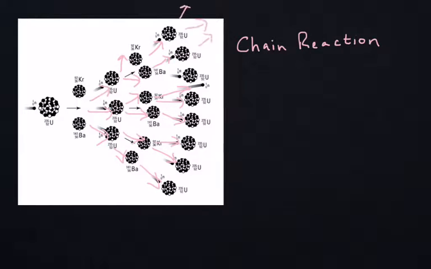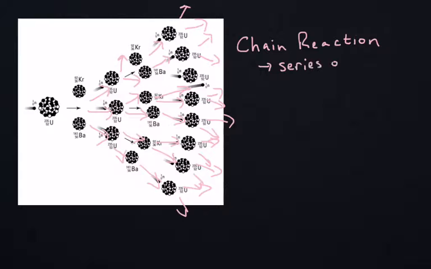Those in turn release neutrons and also split. Those neutrons can then in turn hit other uranium-235. And this process continues. It's a self-sustaining fission process as long as the neutrons and fuel are available.